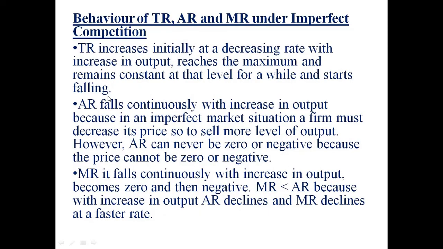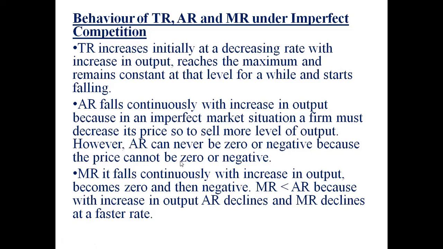Anyway, now let us move on to AR. AR falls continuously with increase in output, because in an imperfect market situation, a firm must decrease its price to sell a higher level of output. But remember that AR can never be zero or negative, because the price can never be zero or negative.